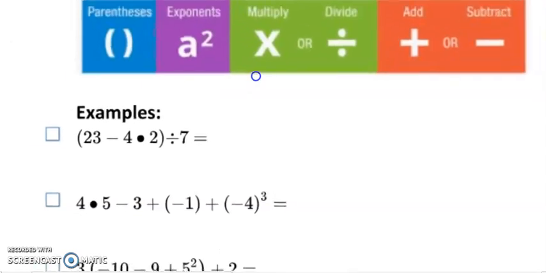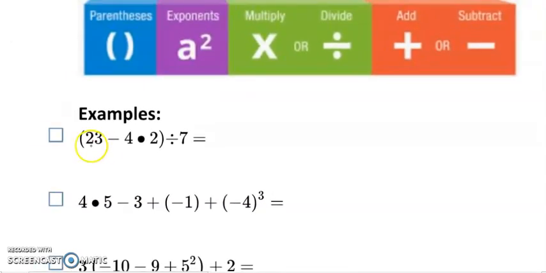If we take a look at our first example here, 23 subtract 4 times 2, all in parentheses, divided by 7. So the very first thing we have to do is parentheses. Parentheses means only look at what is in the parentheses. We're going to ignore everything else.